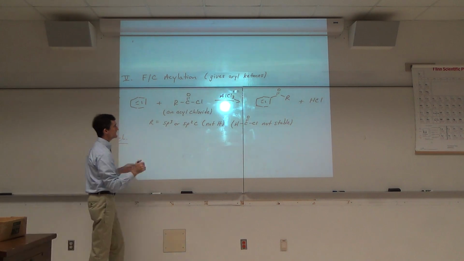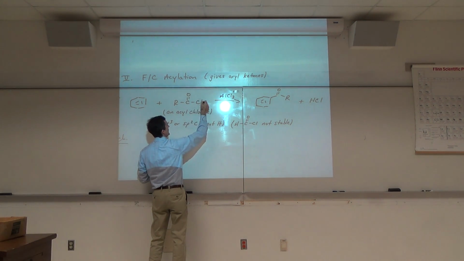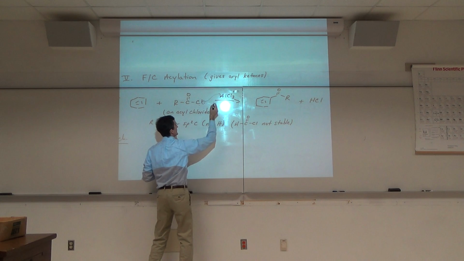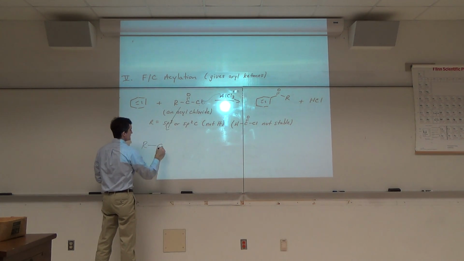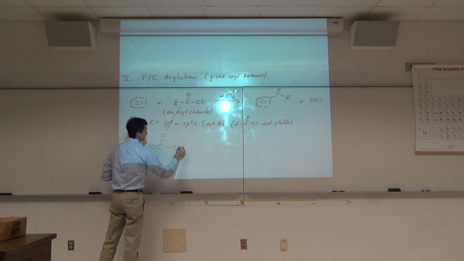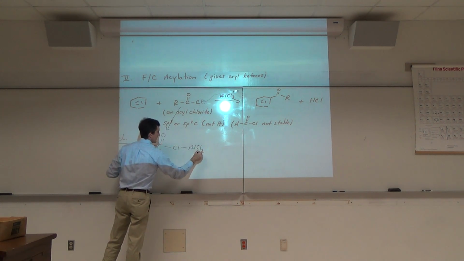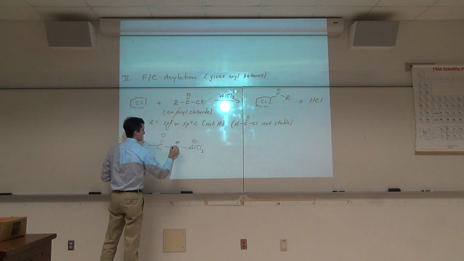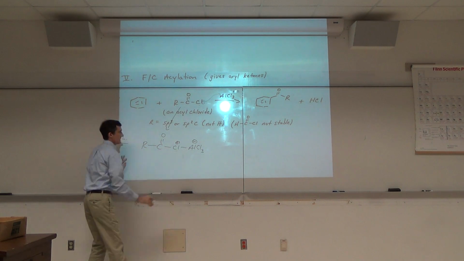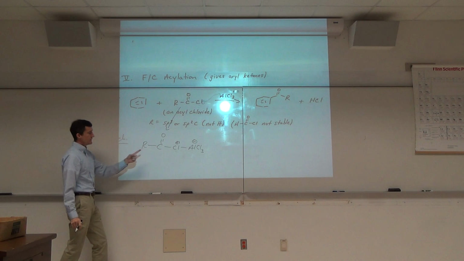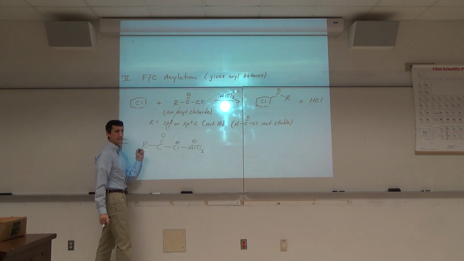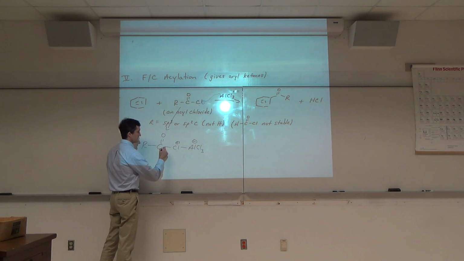Mechanism, very similar. The chlorine complexes to your Lewis acid, and we get this complex here. At this point, the positive chlorine will leave, just like before, and we're going to make carbocation.